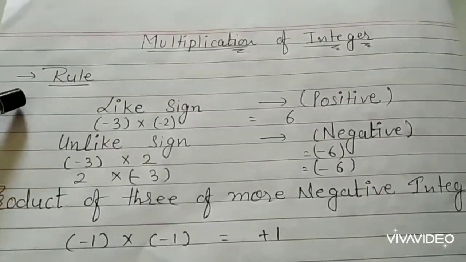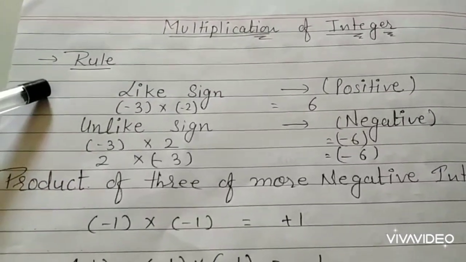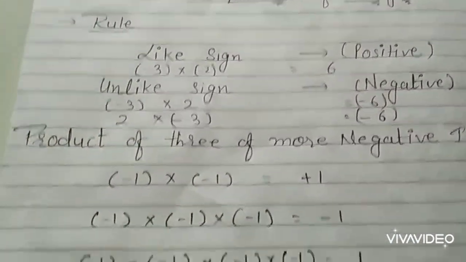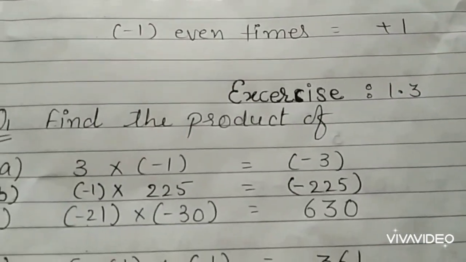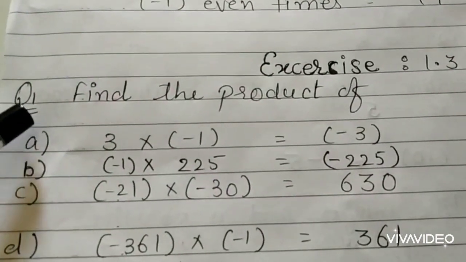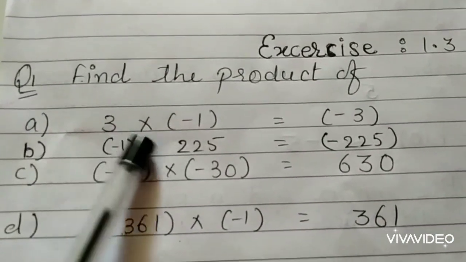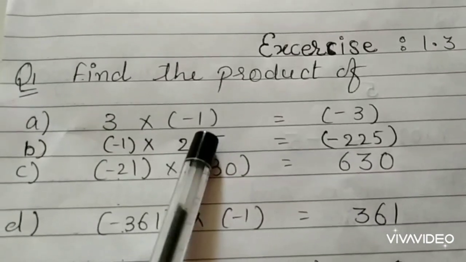By using the rules for multiplication of integers, we will solve question number 1 of exercise 1.3. In exercise 1.3, question number 1 is: find the product of. The first one is 3 multiplied by minus 1.